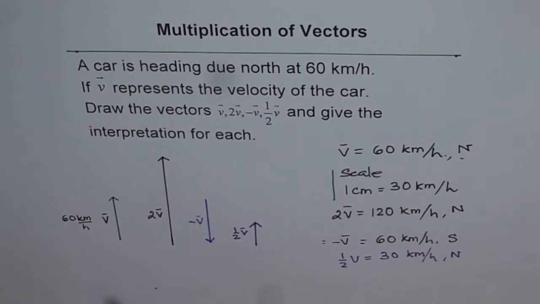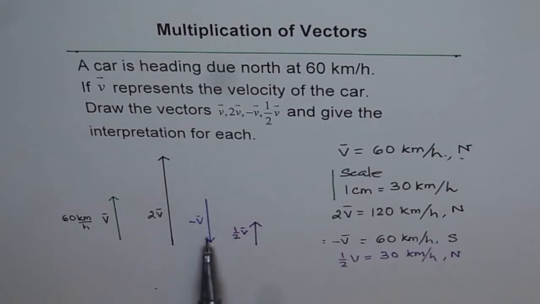Second, all these vectors you will note are parallel. Right? And can I say that they are collinear? Collinear means lying on the same line. Are they on the same line? Let's check. If I translate this vector v towards the right, it will coincide with this vector.